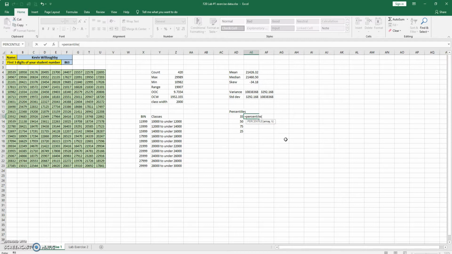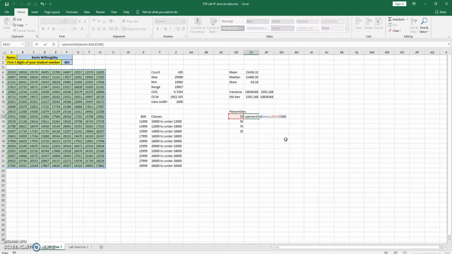Just equals percentile, bracket, the array is all your data set, comma, the percentile. Now the percentile has to be given as a decimal number. So instead of saying 35, it's actually 0.35 for Excel. Instead of entering that value as is, or changing the actual percentiles, we are just going to click on that percentile value and divide by 100.